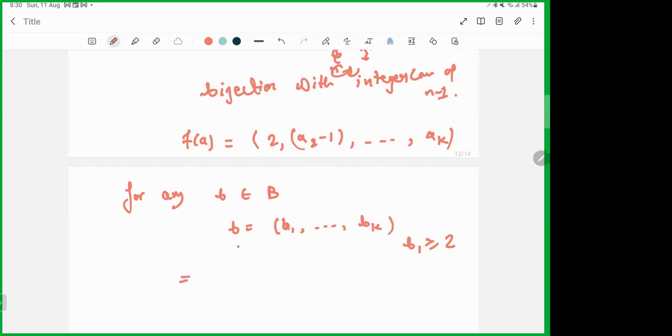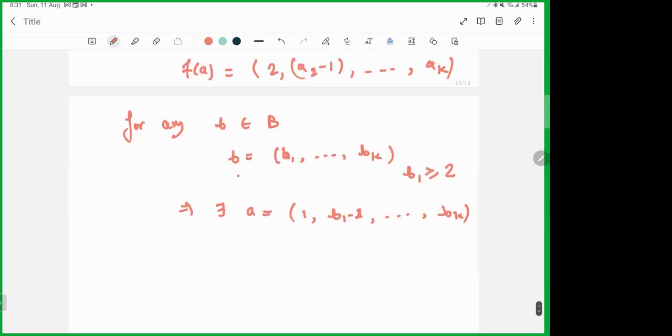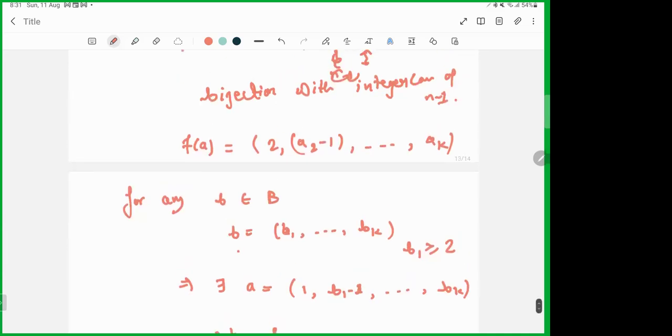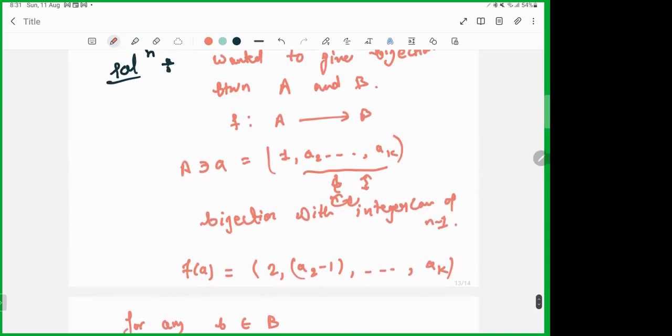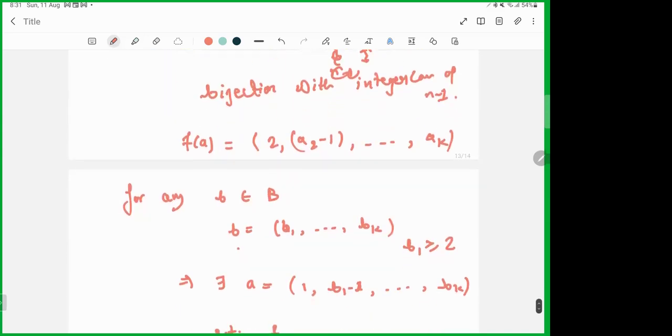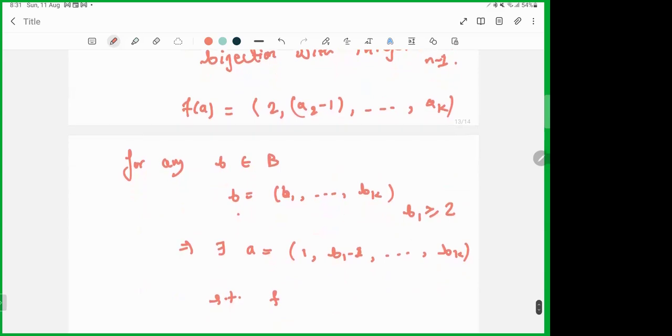This implies there exists A equal to 1, comma, b1 minus 1, comma, up to bk, such that f of A will be B. Why is this a bijection?